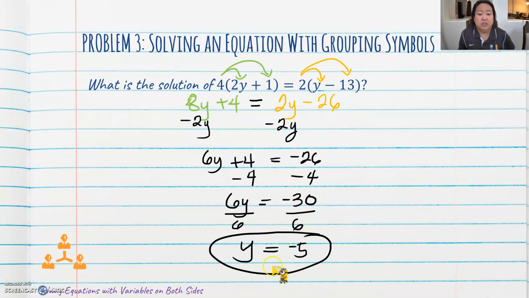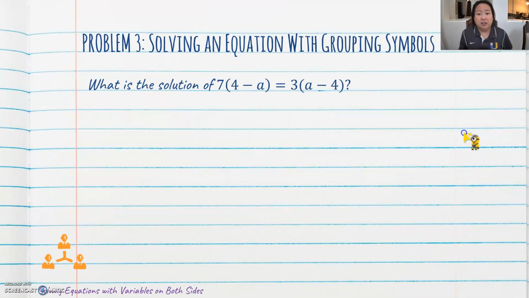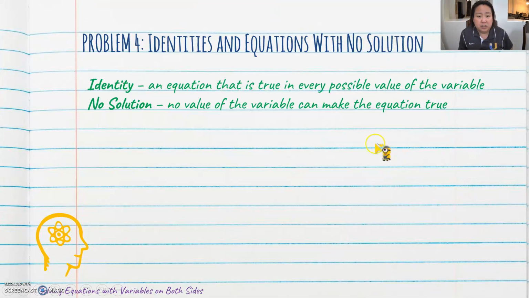So dividing by 6, y will be equal to -5. Okay, now not at all times you will get an exact value. You can try this one also on your own, and get those examples done pretty much like what we have earlier.